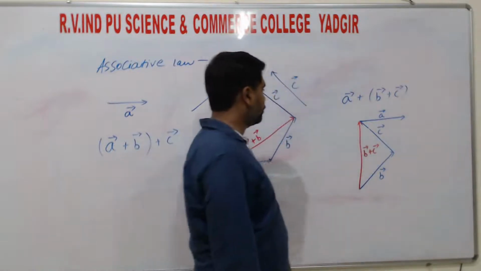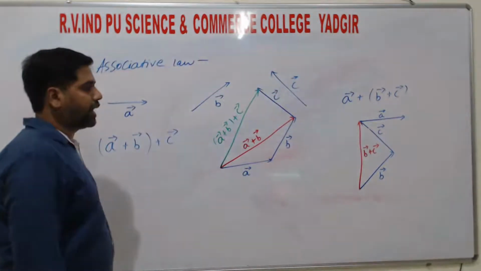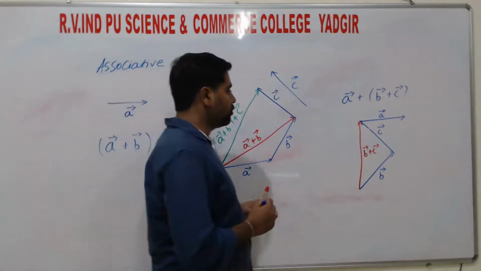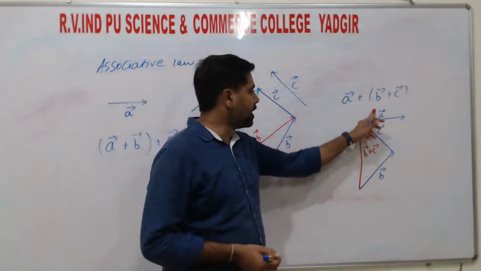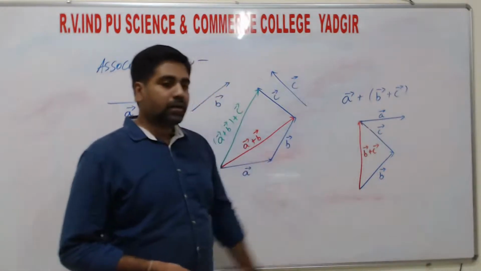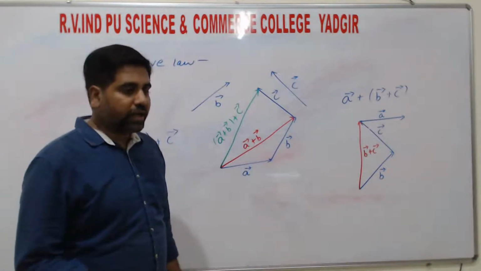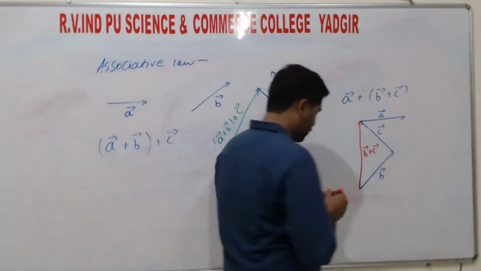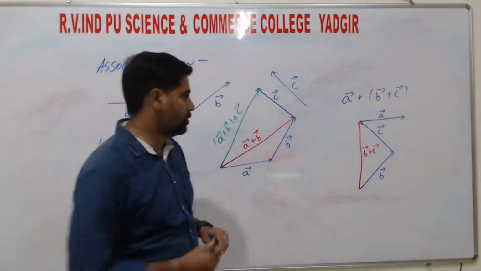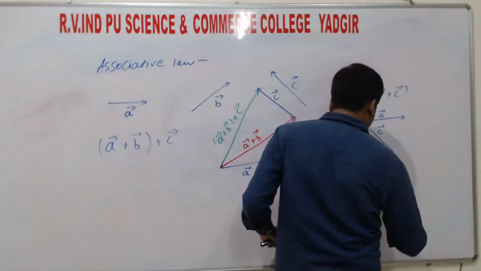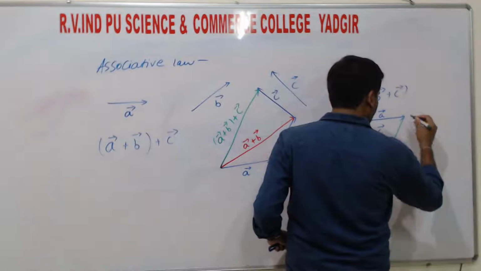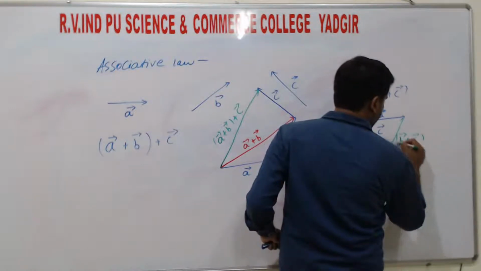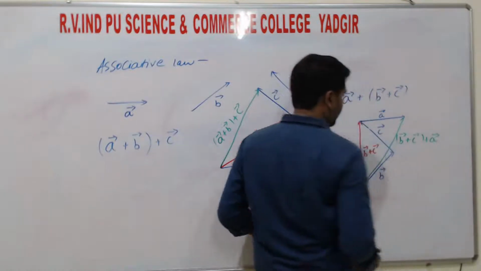So this one is the vector A, right? Now the resultant B plus C and vector A give two sides of the triangle, then the resultant will be the opposite one. I will draw from here. So this gives vector B plus vector C plus vector A, right?